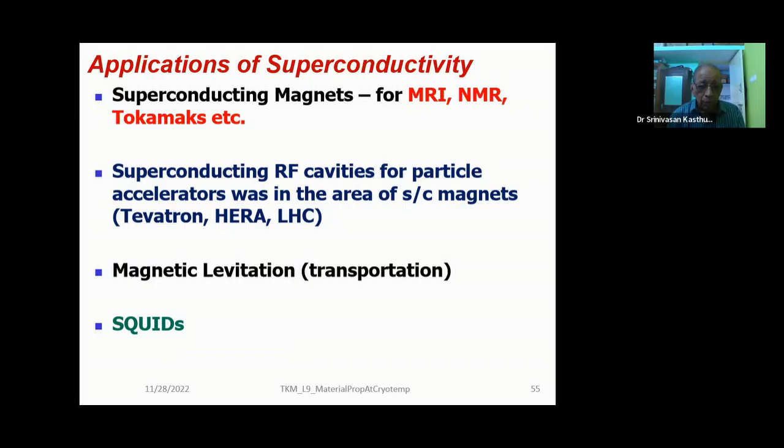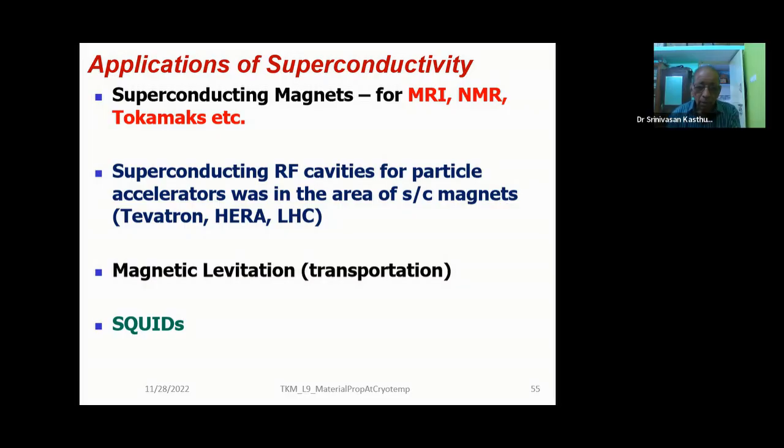Then it also becomes very useful for magnetic levitation, in other words, transportation. I don't know whether you have seen the video. Due to the presence of the magnetic field, the material floats on the surface because the material becomes a perfect diamagnet.